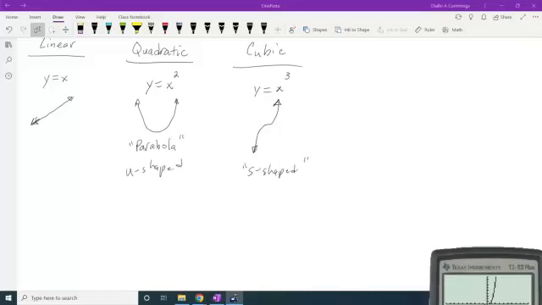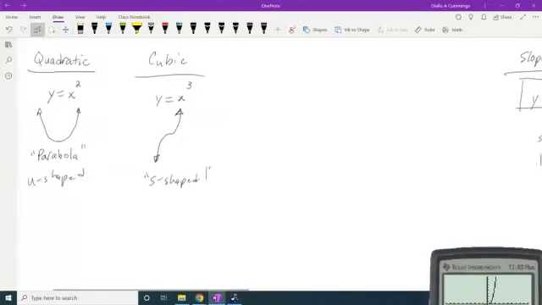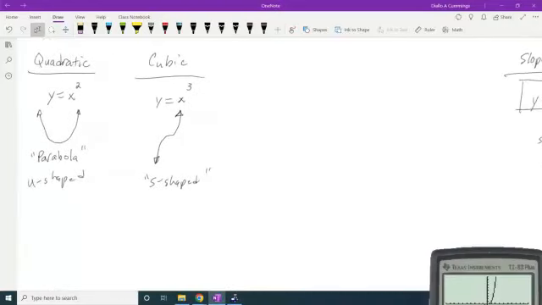All right. So the next function in our function library is the absolute value. The basic model form for an absolute value equation is y is equal to the absolute value of x.